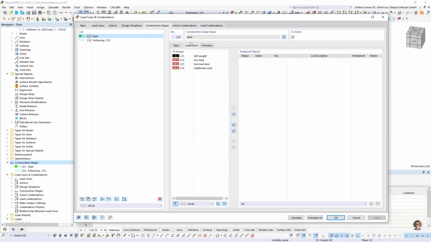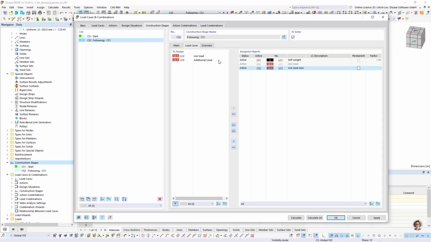In stage 1, my self weight is acting and also the live load in load case 2. In stage 2, the self weight should be acting, but not load case 2.